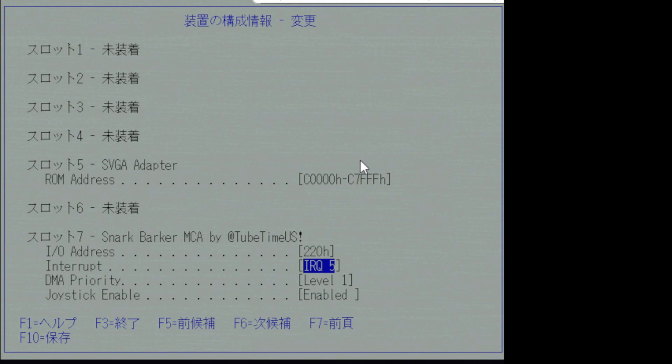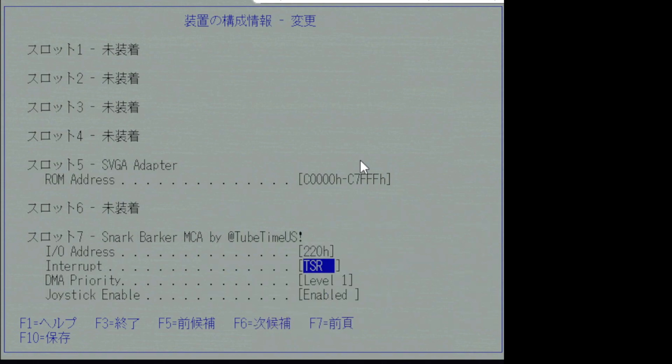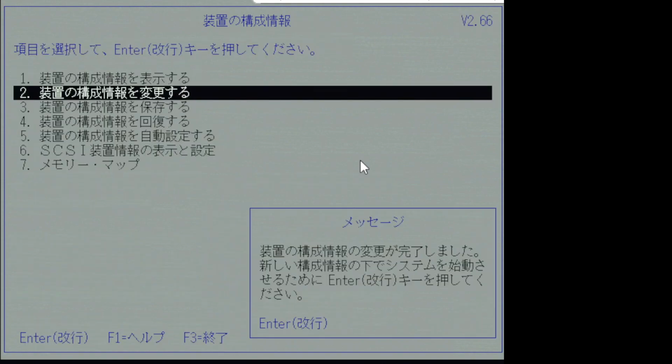Now I know there's some discussion that on some systems Doom would work on IRQ2 or maybe IRQ7, and you could try to get things working on different games. So here I've got a mode called TSR now. If I just save this and reboot, okay, restart.